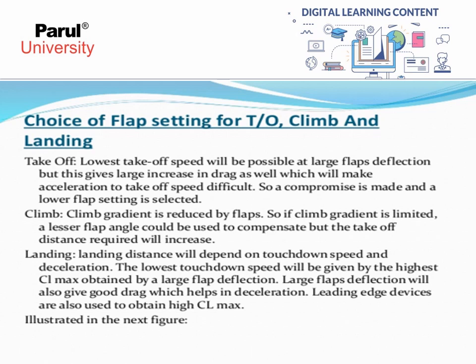Leading edge devices are also used to obtain high CLmax, means maximum lift coefficient, illustrated in the next figure. So these are the choices of the flap setting for takeoff, climb and landing. Takeoff is different, climbing is different, and landing is also different. For three conditions we have to set the flaps.